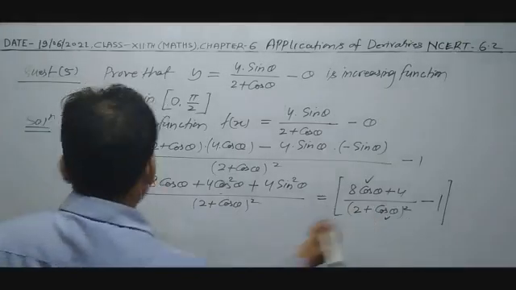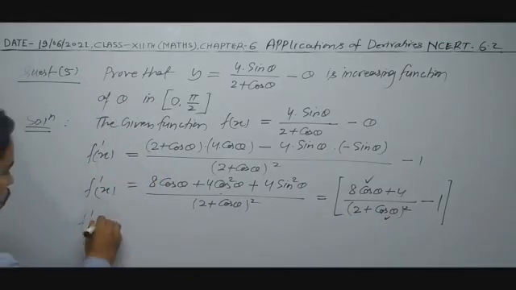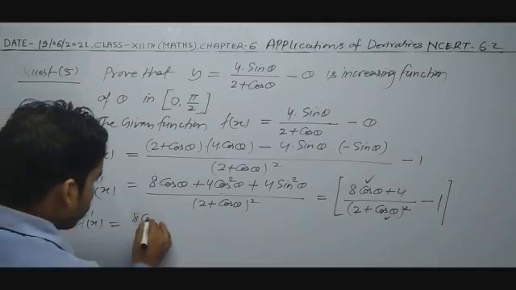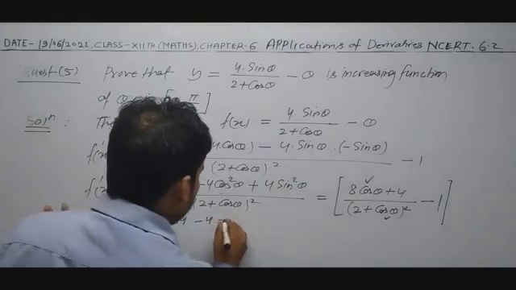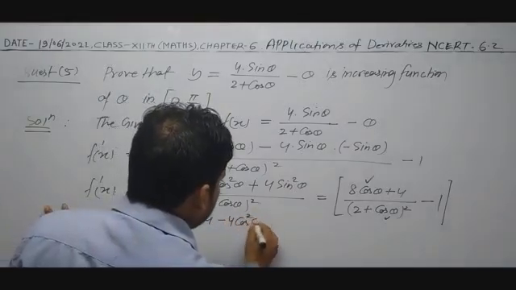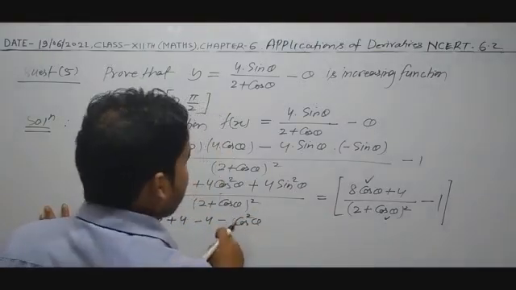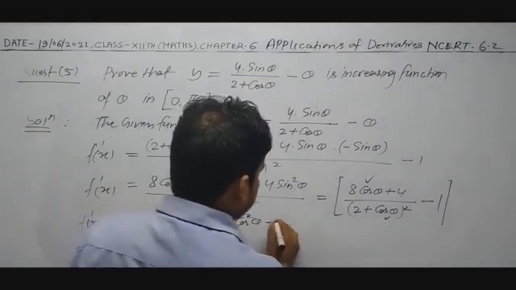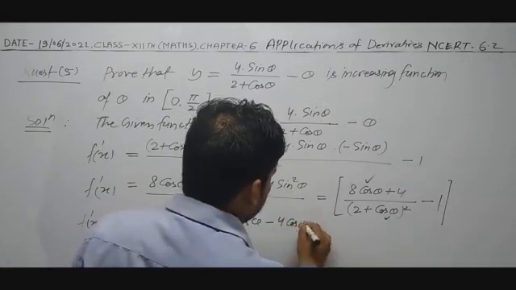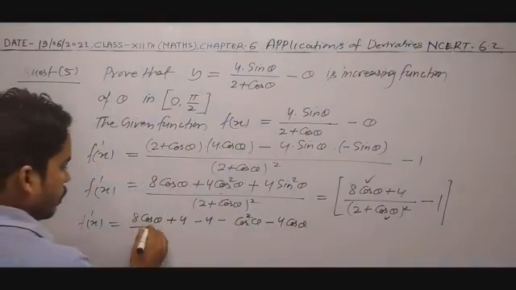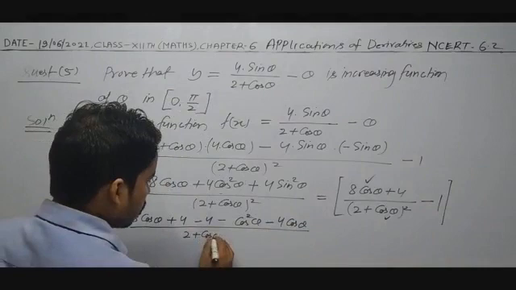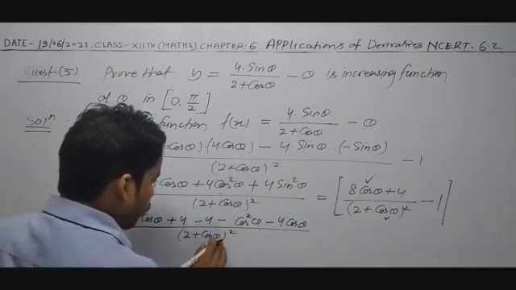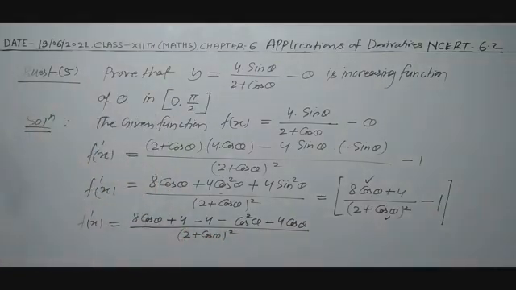You expand this function, then f dash x will be equal to 8 cos theta plus 4 minus 4 cos square theta minus cos square theta, and next minus 4 cos theta, whole upon (2 plus cos theta) whole square.